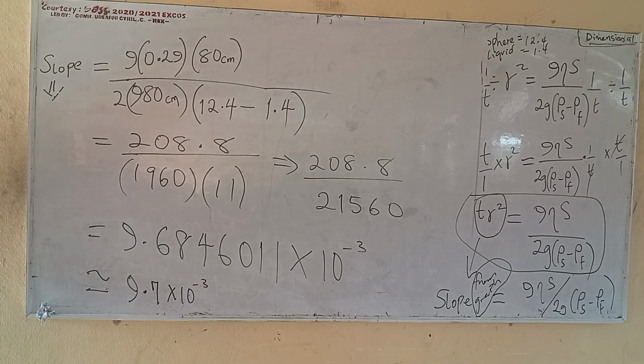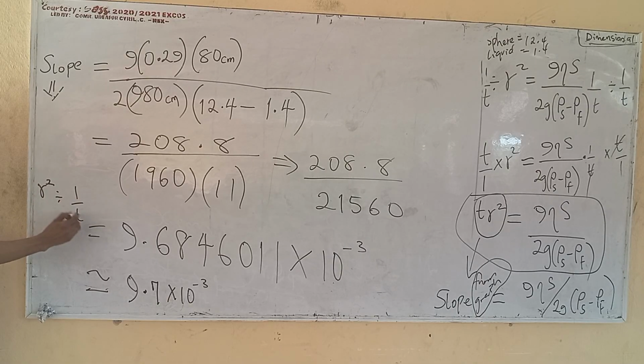Do you remember that your slope is actually r squared divided by 1 over t, which is the same thing as r squared times t over 1, which means it's r squared t? Which means your slope is actually in centimeter squared seconds. Are you aware?